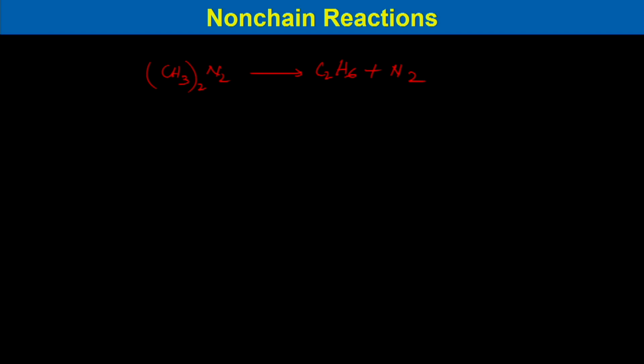The reaction for this case was first explained by Lindemann in 1922 with reactive intermediates, and the mechanism is proposed as follows: A plus A forms A star plus A, that is the formation of energized molecules.